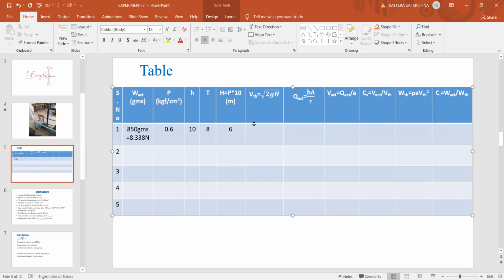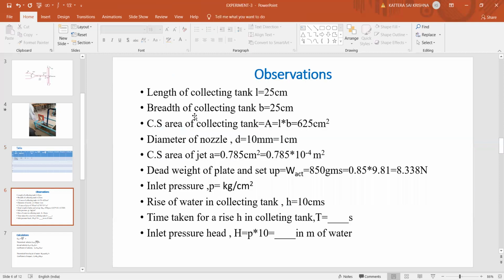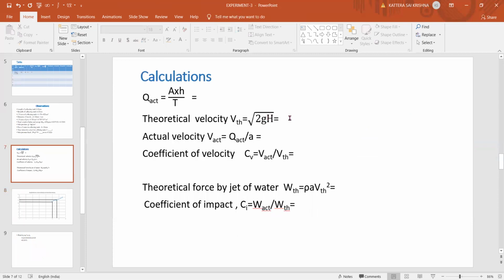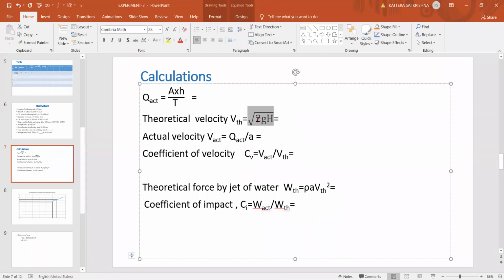So V theoretical is equal to under root of 2GH. First, for the first reading, we'll calculate here. V theoretical is equal to under root of 2GH. So 2 into 9.81 into what is the value of H we got? 6. Equal to 6.